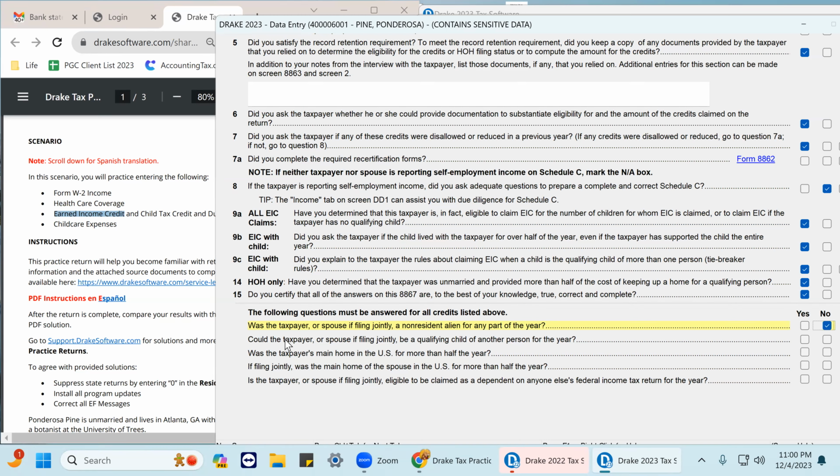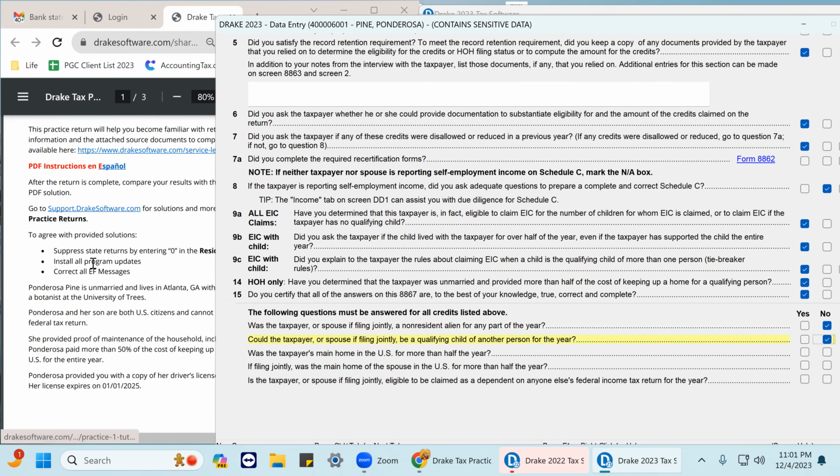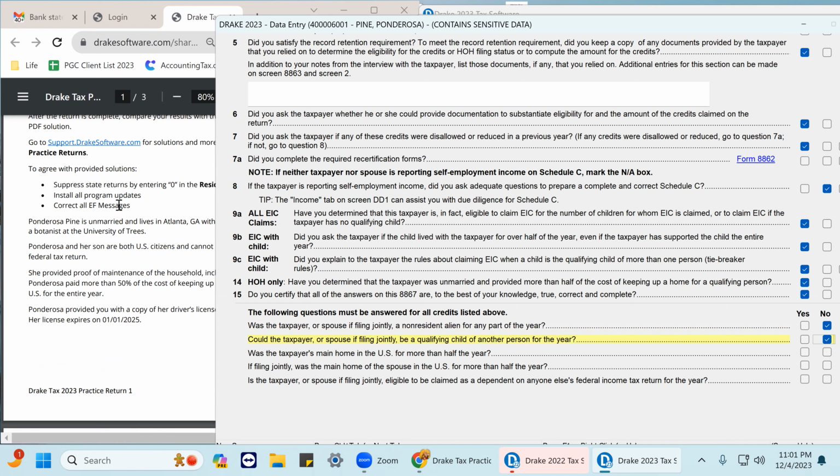Could the taxpayer, is no, because they say it in here. This person takes care of the kids, everything. Now, the first 2 questions are no, and then the middle 2 questions are yes. They say it in the information, like here.